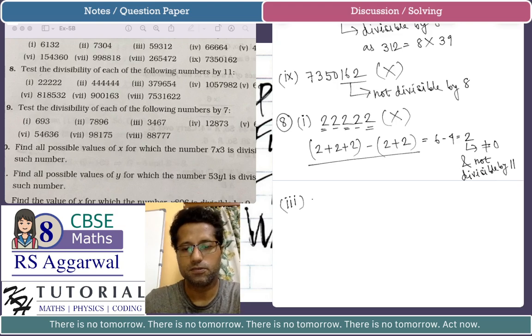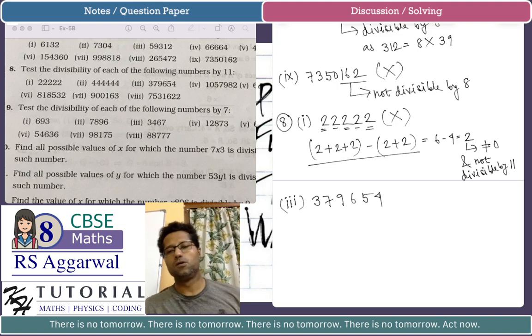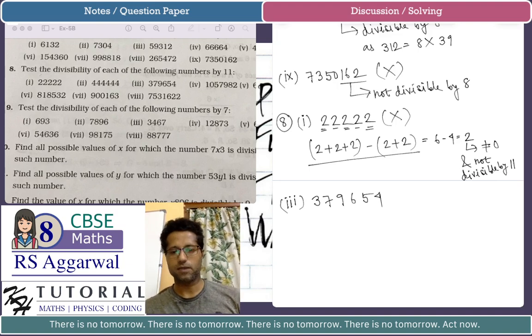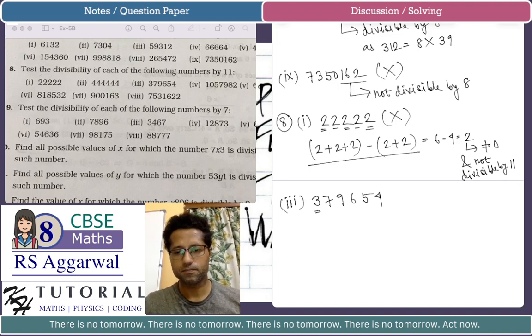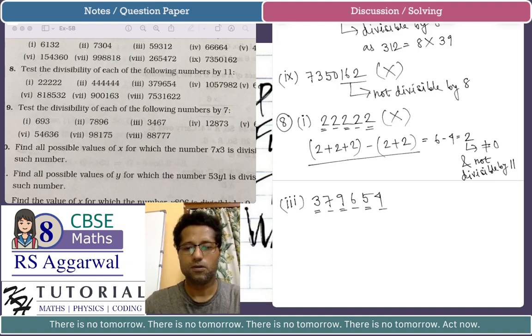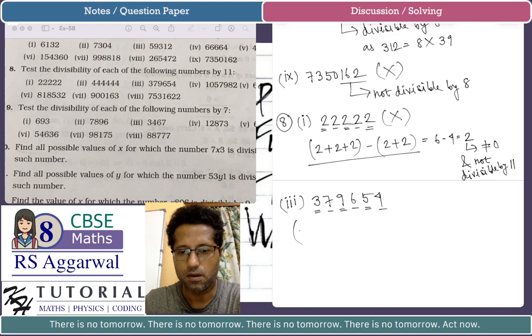The given number is 379654. So mark the digits at the odd places with double underlines, and mark the digits at the even places with a single line. So the difference will be 3 plus 9 plus 5 minus 7 plus 6 plus 4.